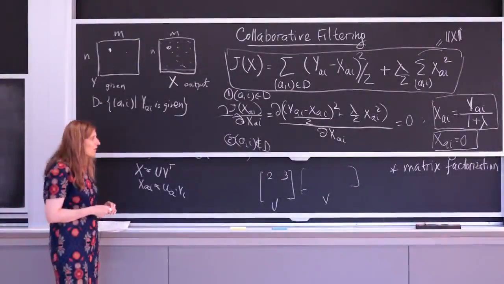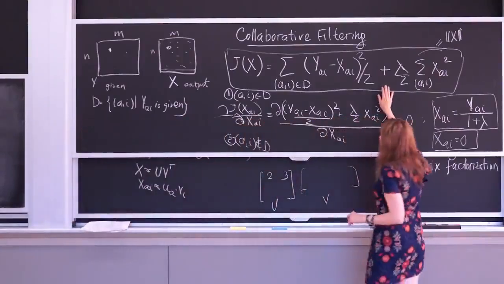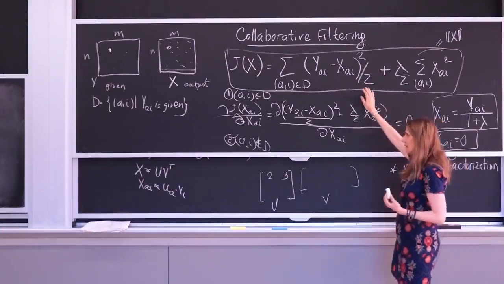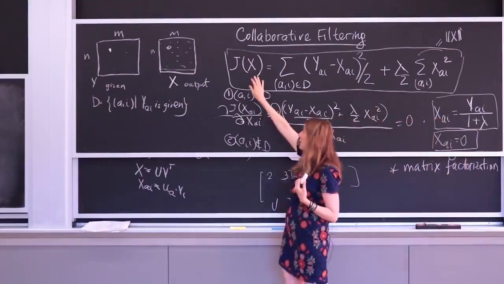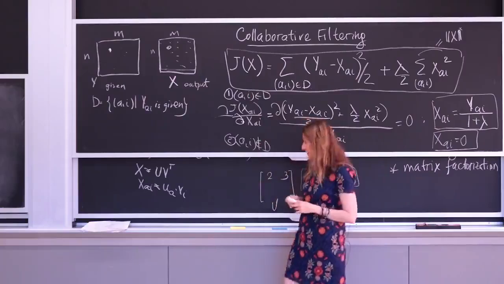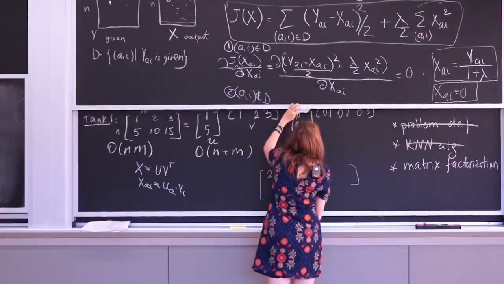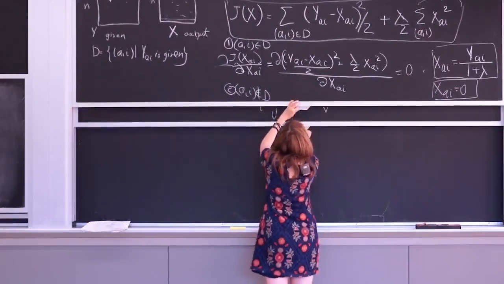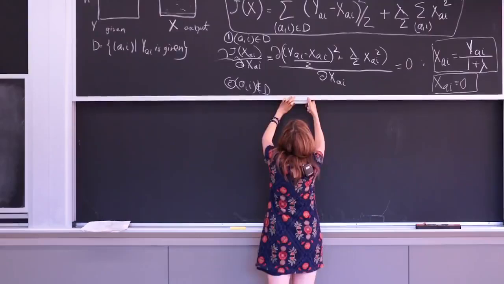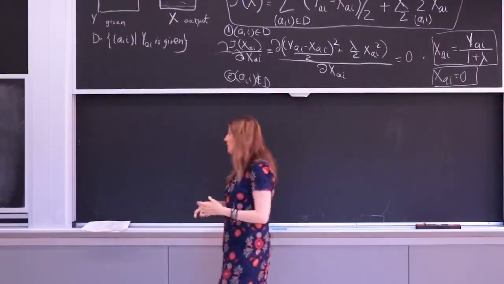Okay, so now we will take this objective and rewrite it in terms of our U and V, which are just vectors. So let's start. I will keep the formula above so that you can see the connection.